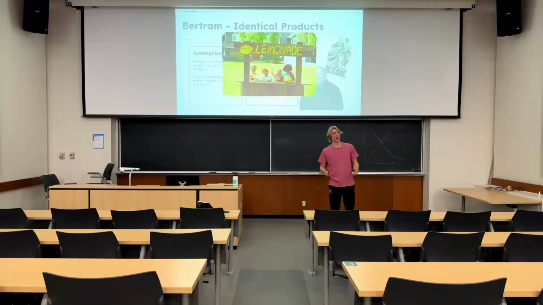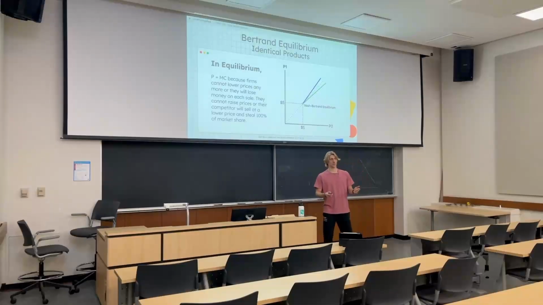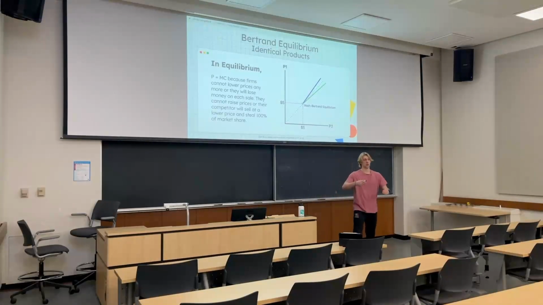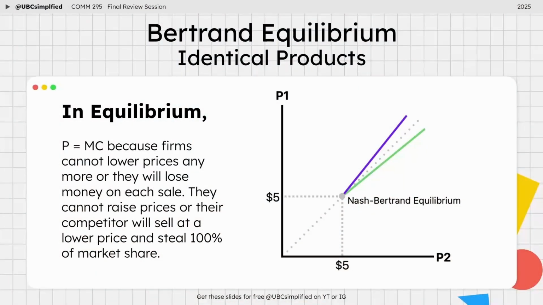And so what happens is that it ends up being the exact same as perfect competition, because we're producing at our marginal cost. Otherwise, the other firm would just undercut and take the entire market, since they are the same products. So unfortunately, my lemonade business is not going to make any money.